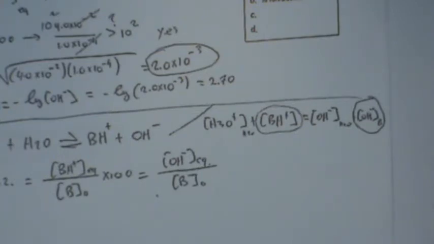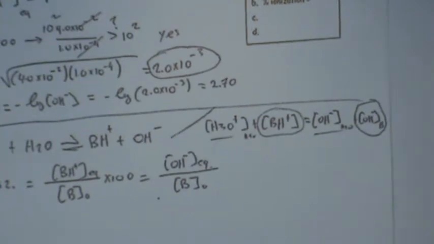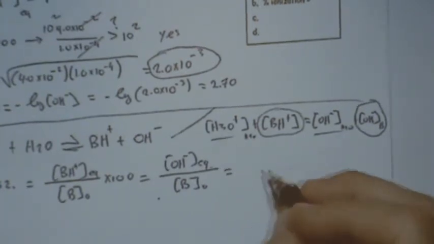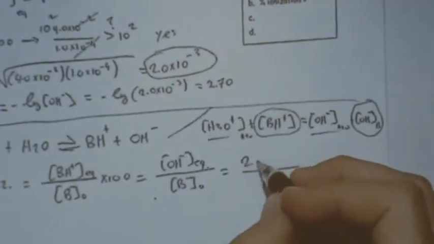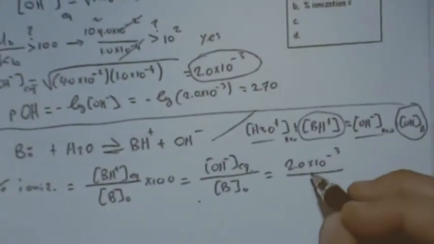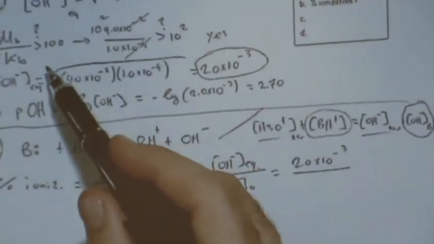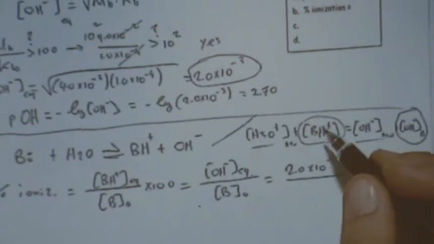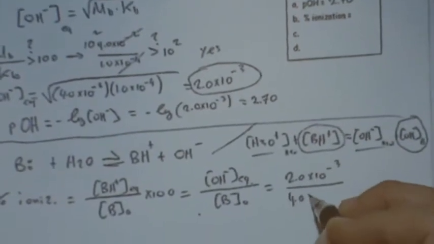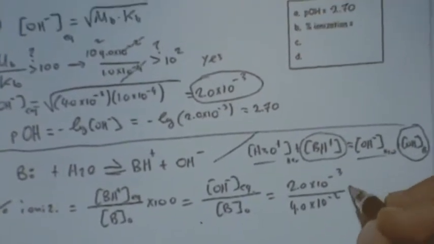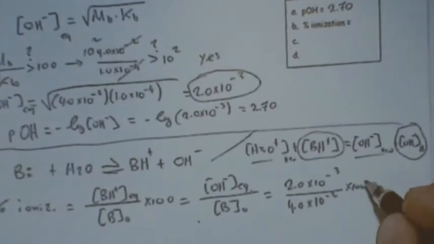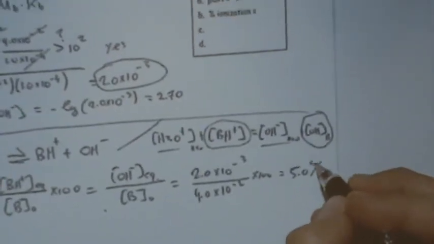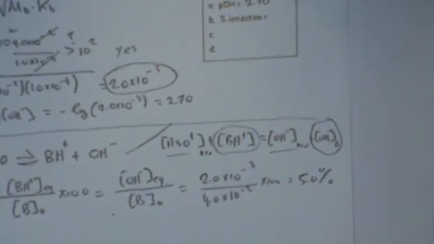Why is that? Because these concentrations are practically zero, right? You can see it that way too. So, we put the value there. The original is what? Times 10 to minus 12, times 2 times 100. So you find out that it's how much? 5%. So 5% ionization, right?